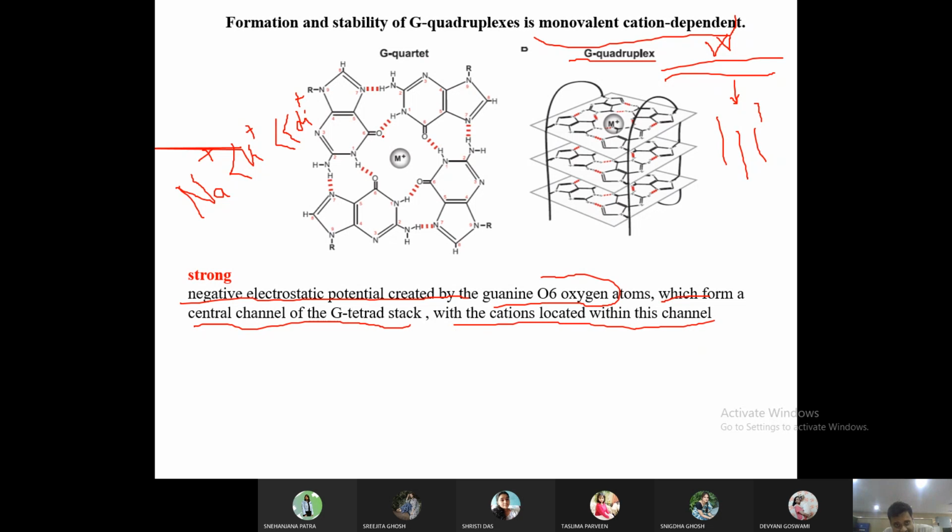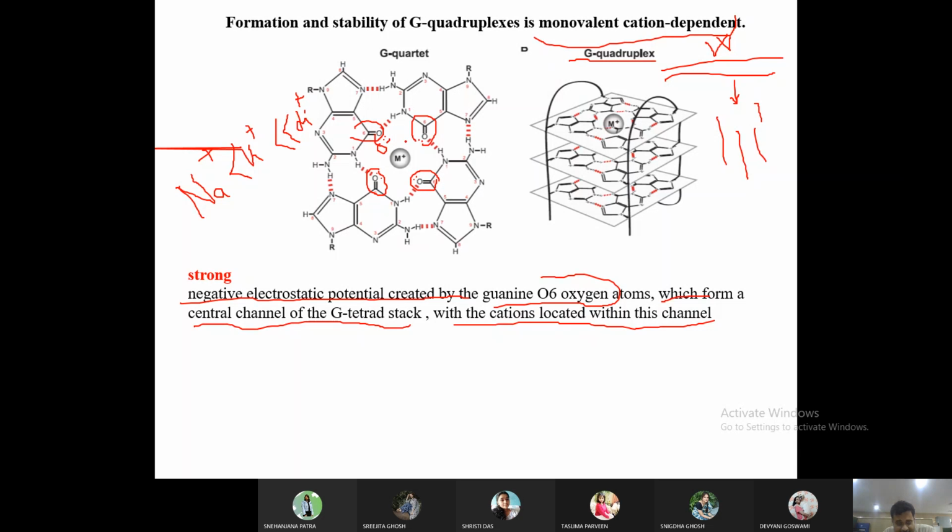So here you see there are many C=O bonds, and in these C=O bonds, which act as hydrogen bond acceptors, there are lone pairs of electrons. This is called lone pairs of electrons. One electron pair just sits over this oxygen, and that makes this oxygen partially negative in charge.